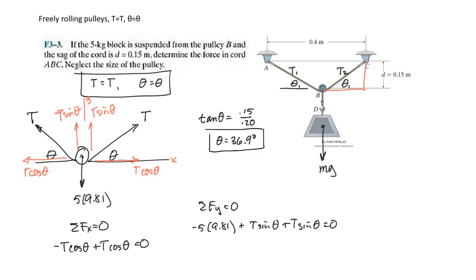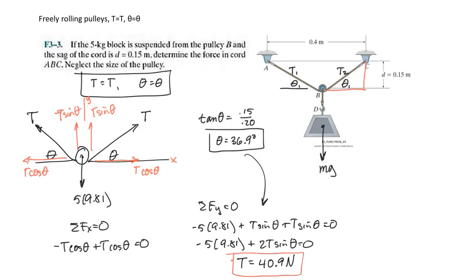And I will often simplify it just because the T sine theta and the T sine theta are going to be equal to the same. I'm just going to say minus 5 times 9.81 plus 2T sine theta equals 0. And then once we know our theta, we can plug that in there, and you can solve for tension is equal to 40.9 newtons.